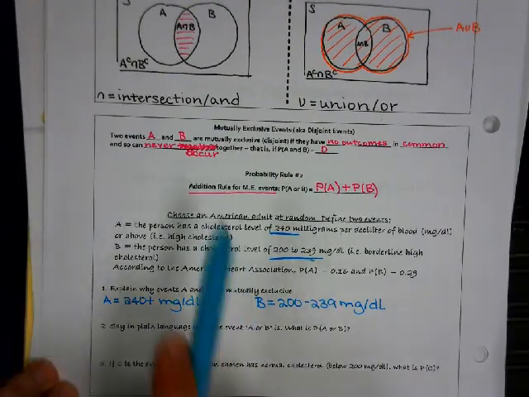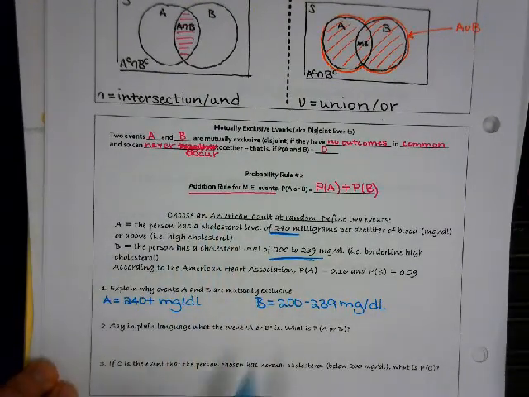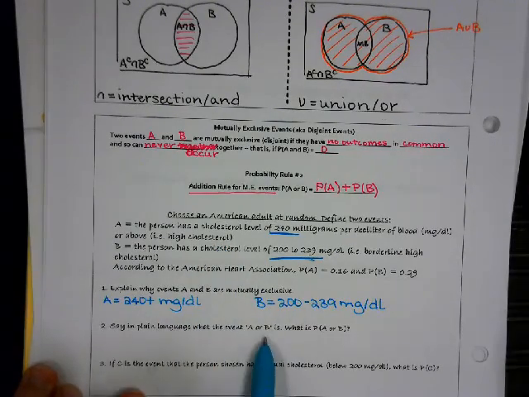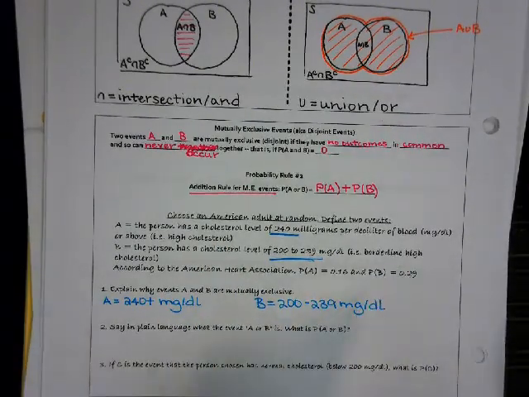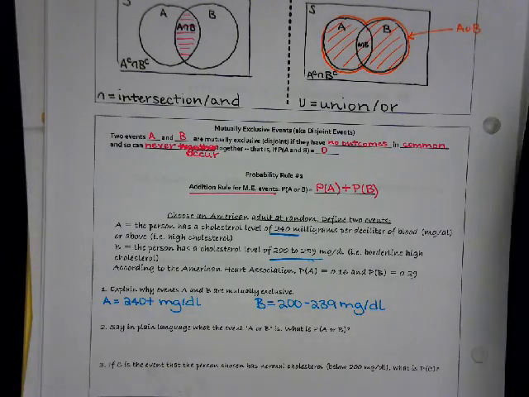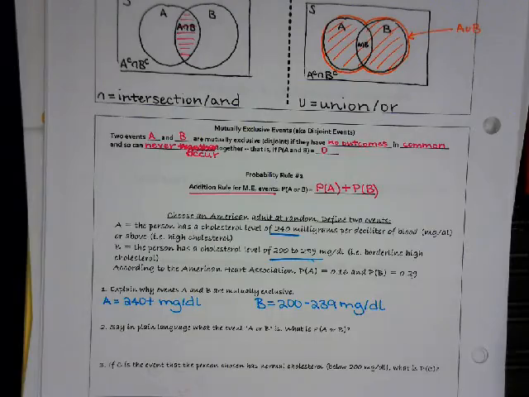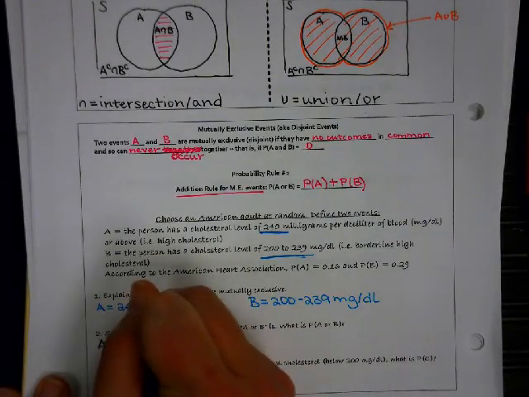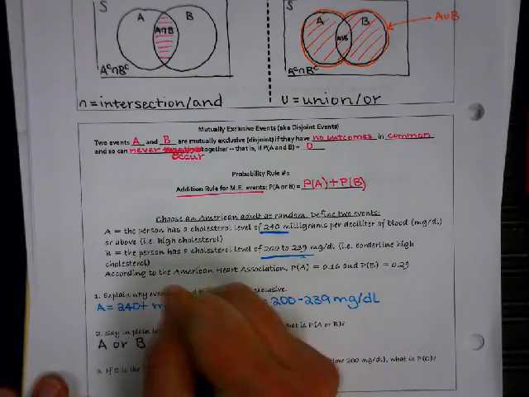So event A or B means that the person has high cholesterol or they have borderline high cholesterol. And I'm going to add just a little that it means the randomly chosen American adult.